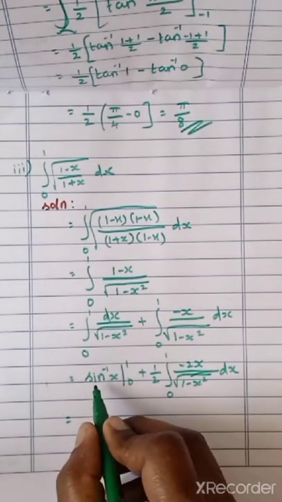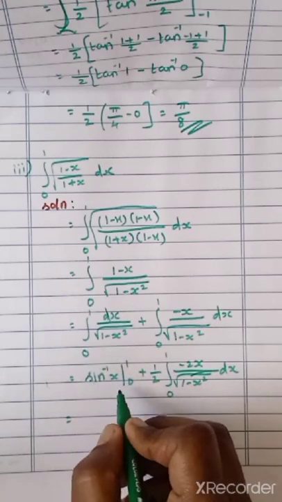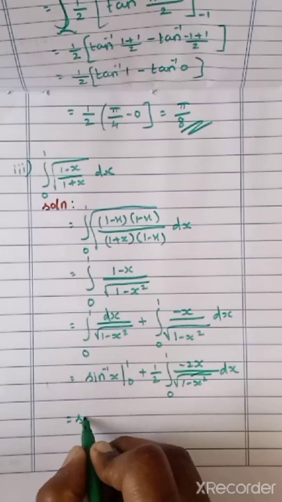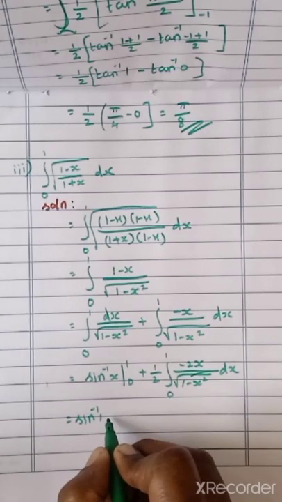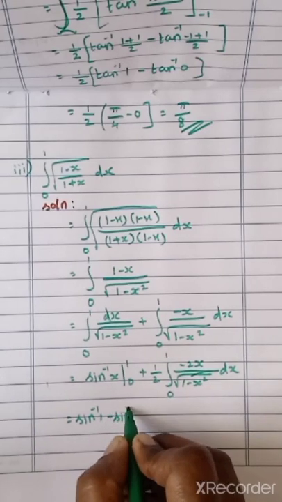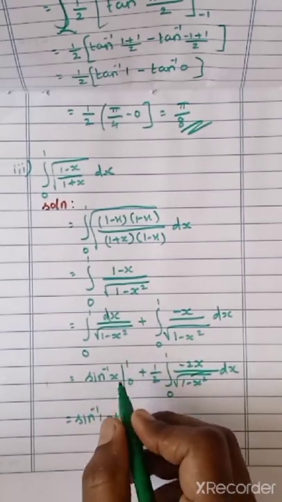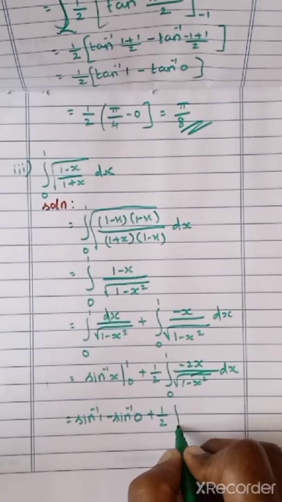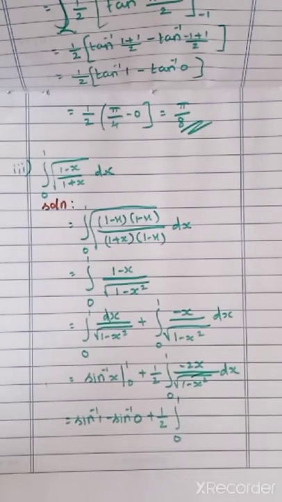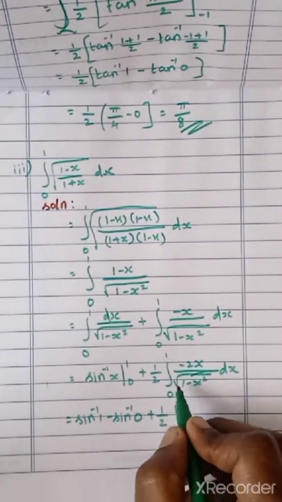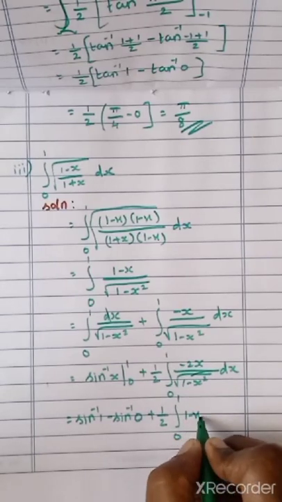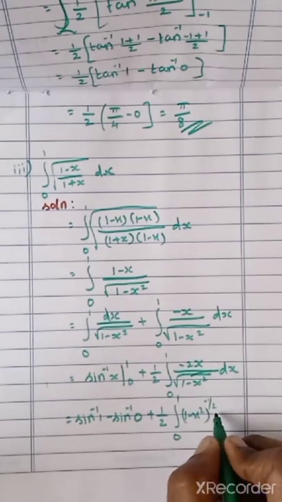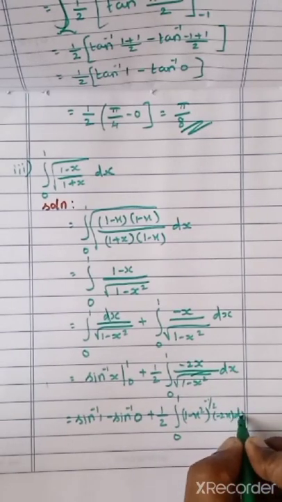Okay, first we can simplify this one. Sine inverse x, the limit is 0 to 1, so upper limit minus lower limit. Correct? Now you can write this as sine inverse 1 minus sine inverse 0. We completed this one. Plus this one: 1 by 2 integral 0 to 1, you can write square root of 1 minus x square as 1 minus x square whole power 1 by 2, into minus 2x dx.